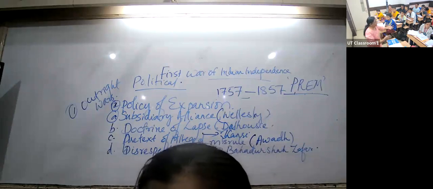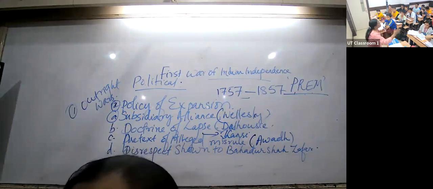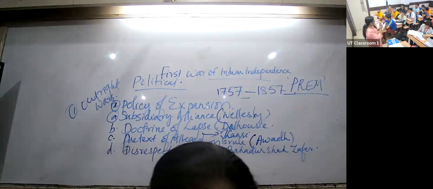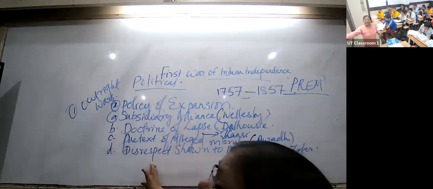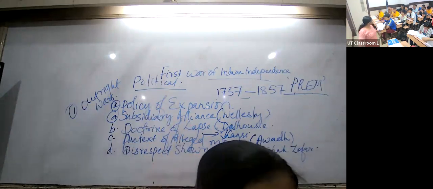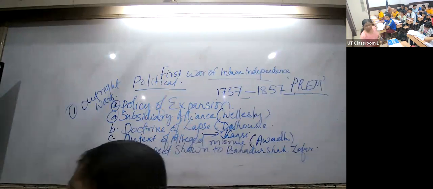They did not take care of the problems of the people. That is what absentee sovereignty is. Clear? So these all are the political reasons. Now let's move to the second part.